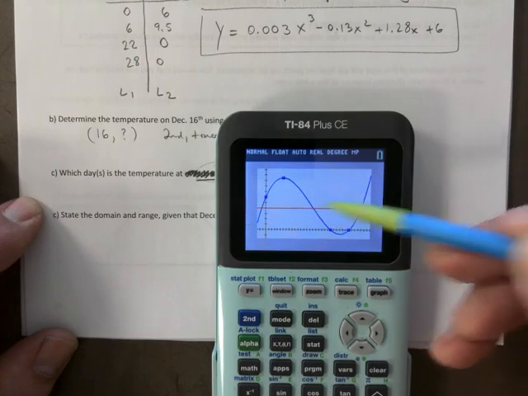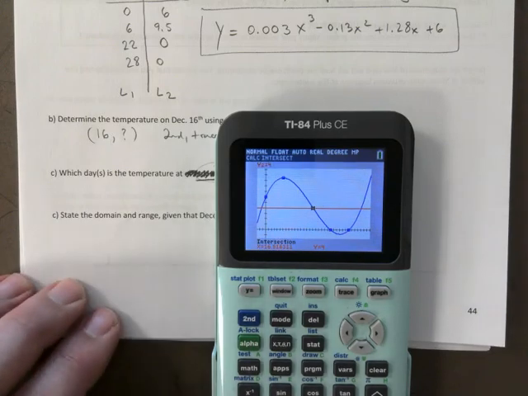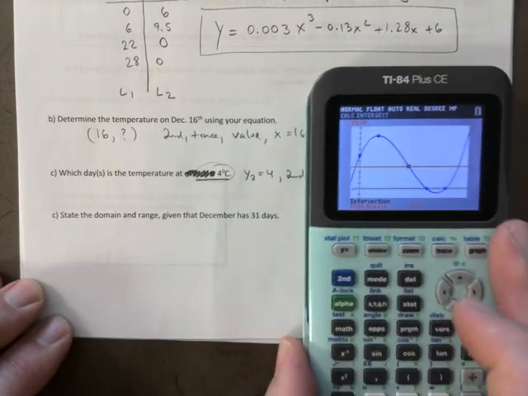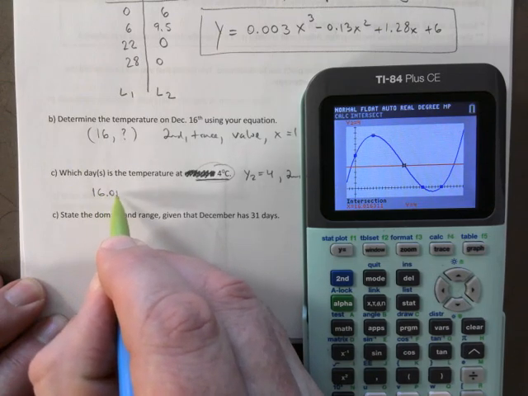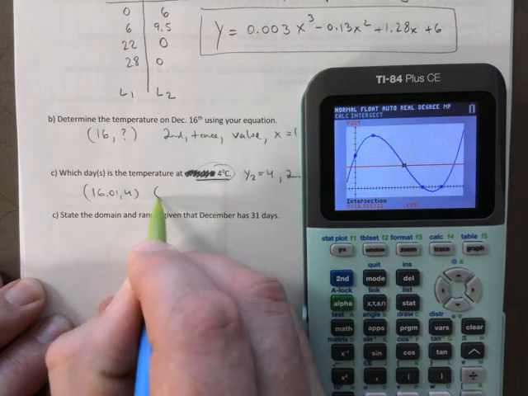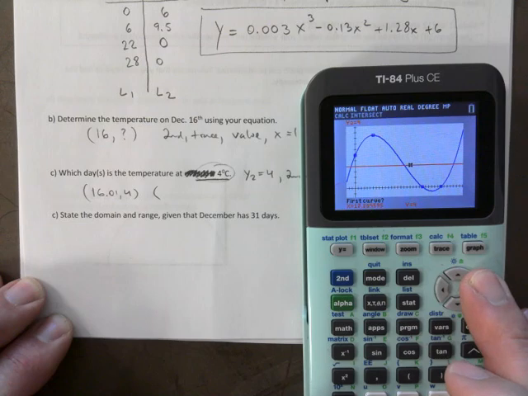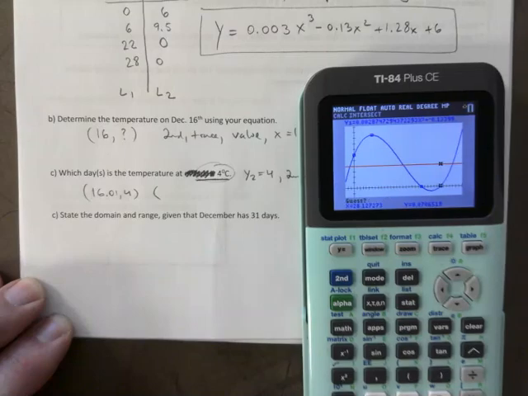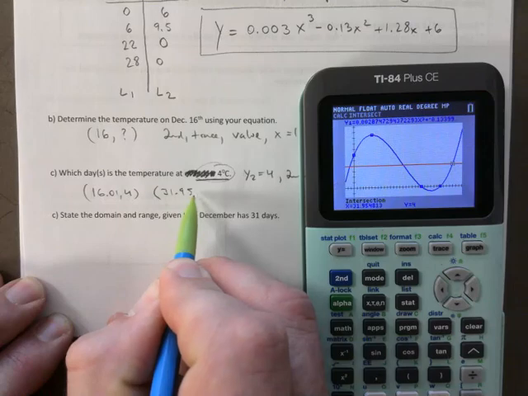So we'll figure out this one and that one. See what we find. The first one is 16.014, and the second, I'm going to jump and just go across, is 31.954.